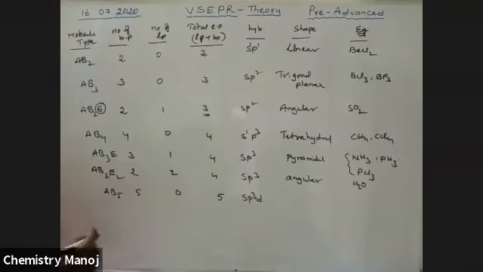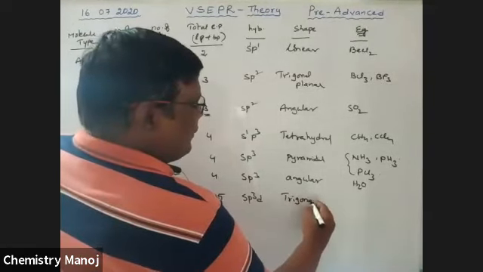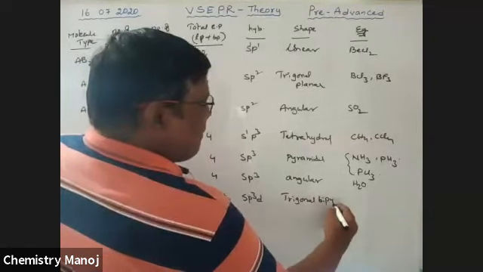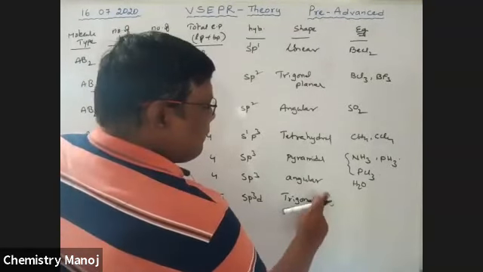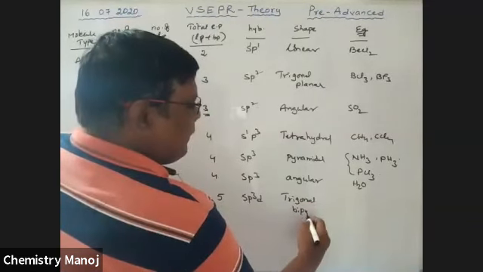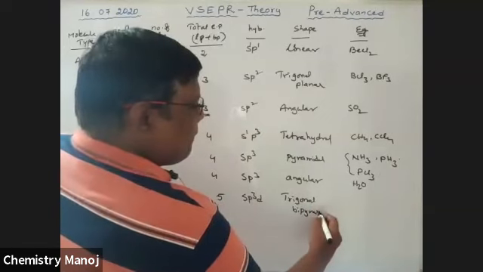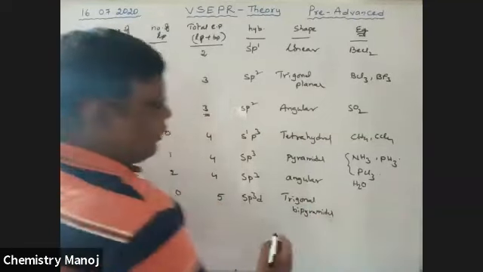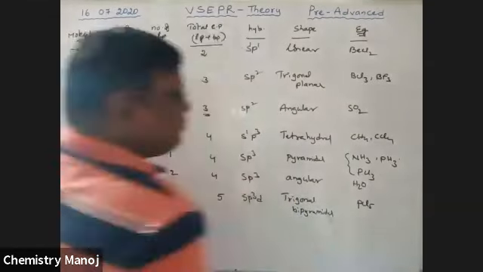So the shape is trigonal bipyramidal, and the trigonal bipyramidal shape molecule is PCl5.